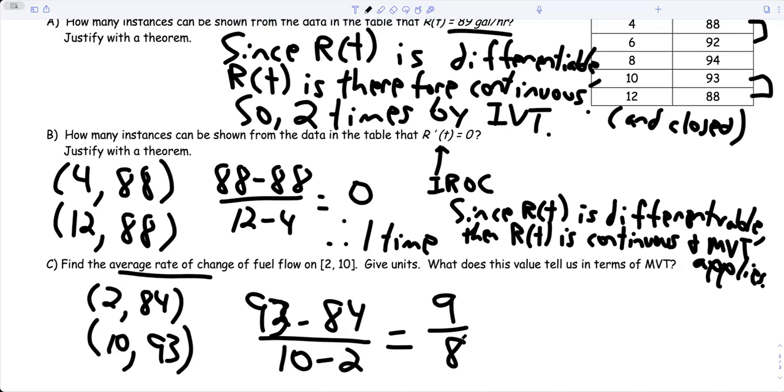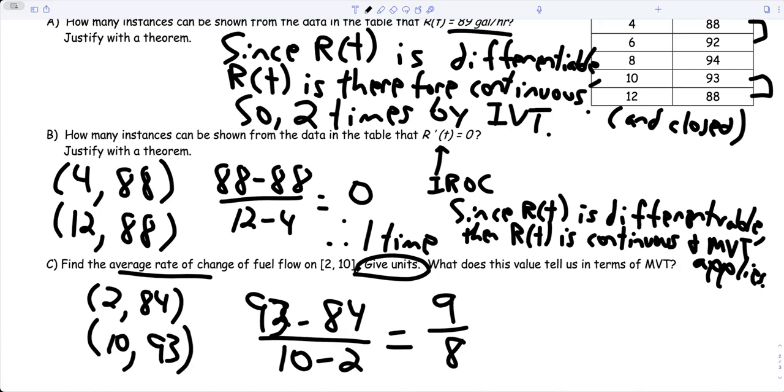What do I do next? What does it say? You have the units. Well, what are my units? Let me ask you this. What's in the numerator? R of t, right? What are the units for R of t? Gallon, no, look at it.